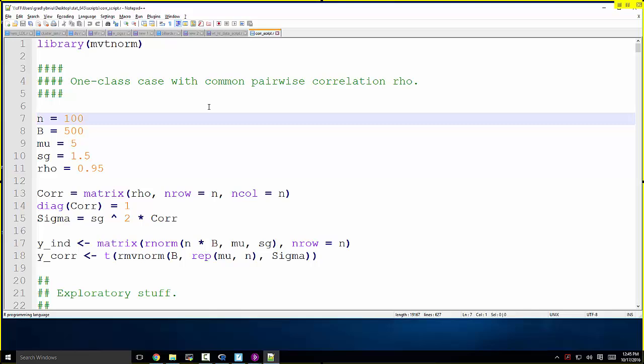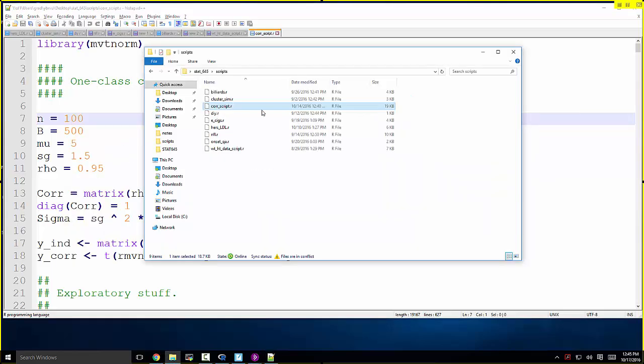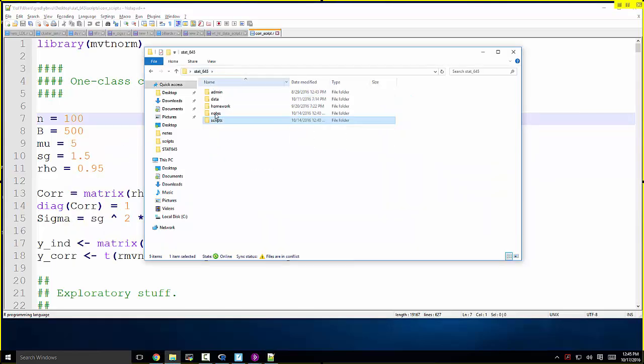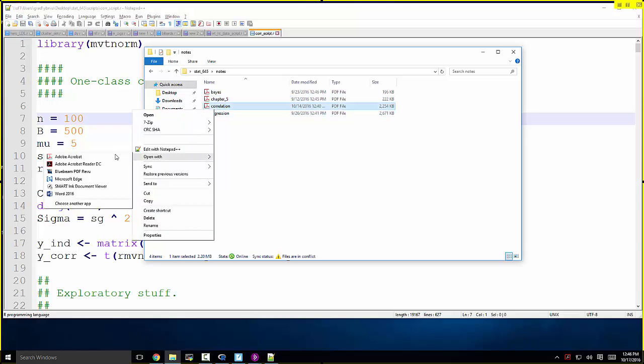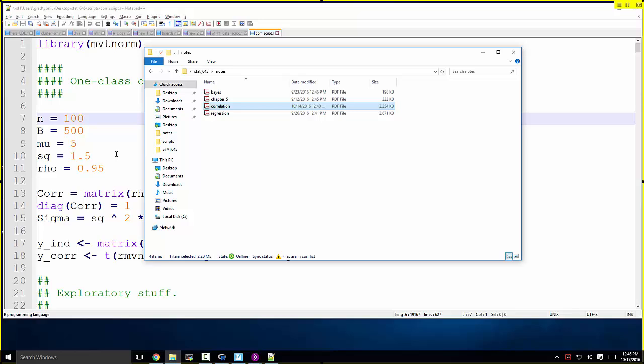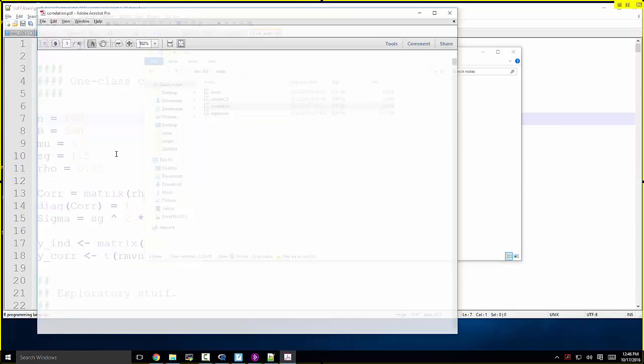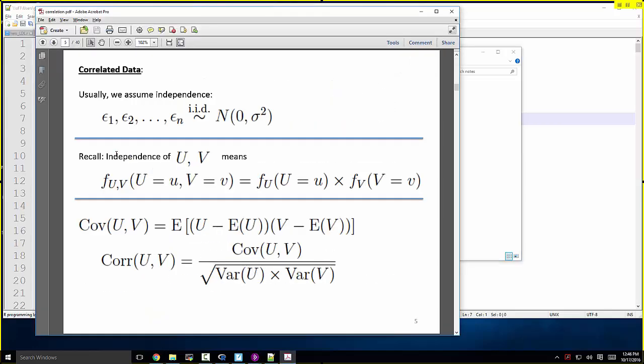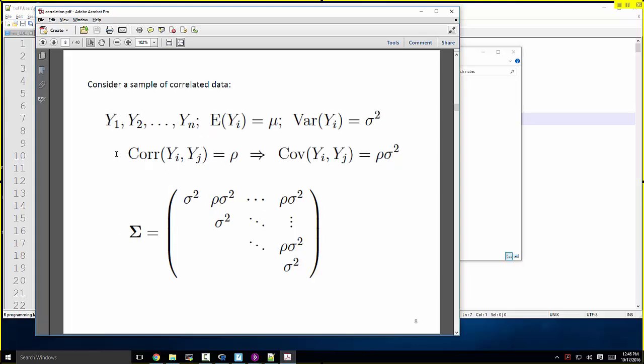So we're going to simulate a data set like the one described in the notes. We looked at one scenario in which there was correlation. A simple scenario, a single population, a one-class case.